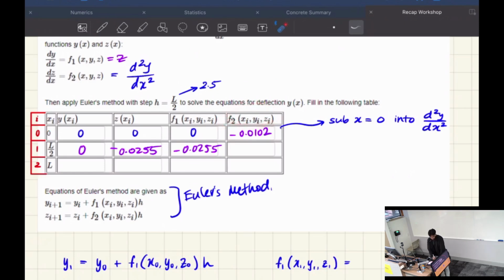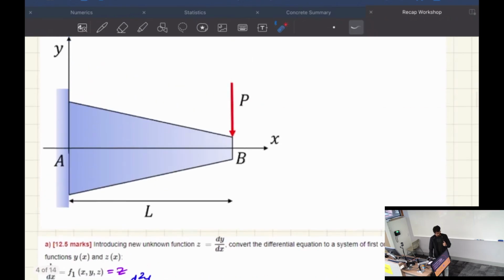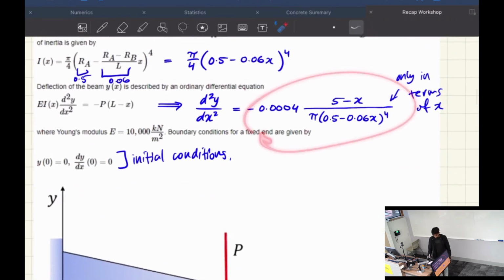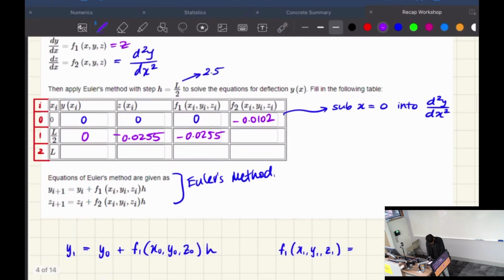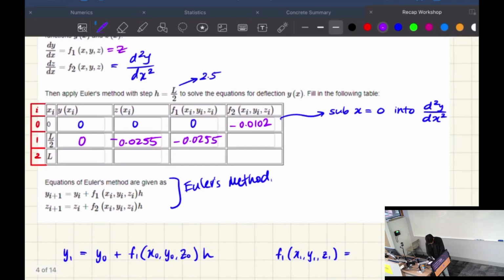F2. How do we find F2 again? Someone remind me? Subbing into which one? You're correct. Just the set formula that you square y over here, square one. This one, right? Perfect. So instead of x equal to 0, we're gonna let it equal to 2.5.